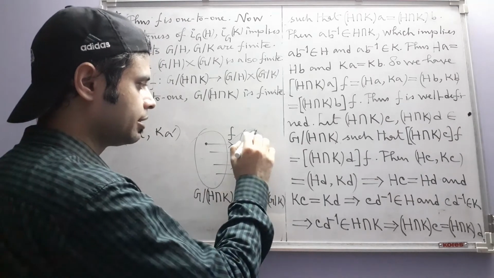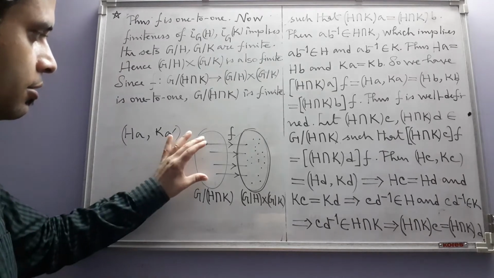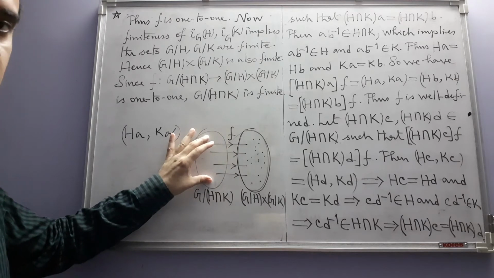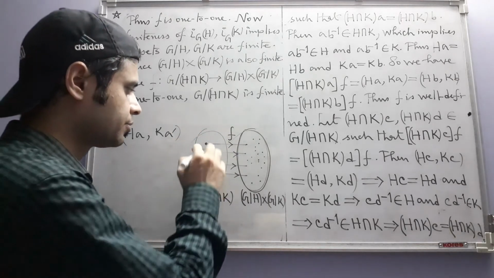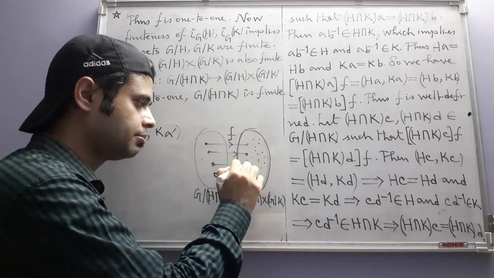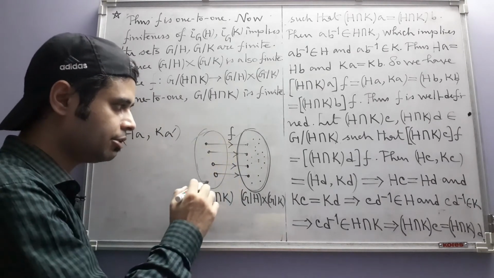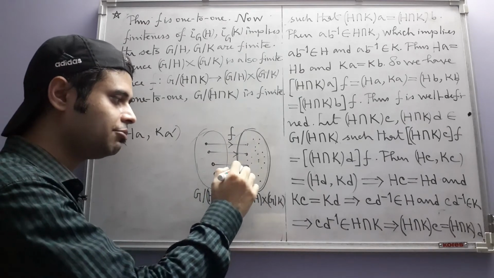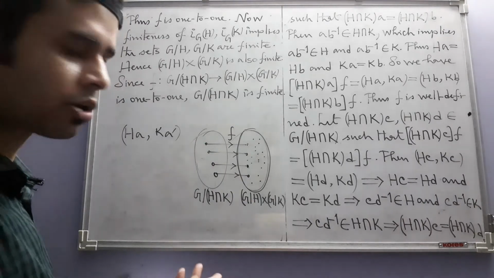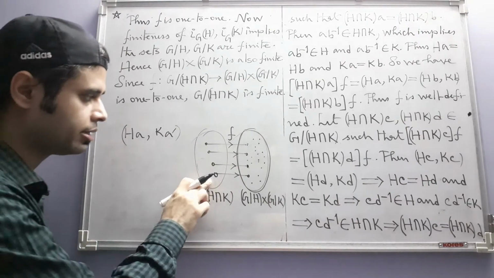Still we have found that the second set is finite. So from the figure you can clearly see that the first set should also be finite, because each element in the first set is bringing a different image in the second set. If the first set is infinite, then we should have infinitely many elements in the second set as outputs, which is not possible because the second set is finite. That's why the first set should also be finite.